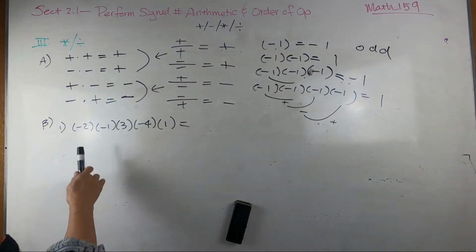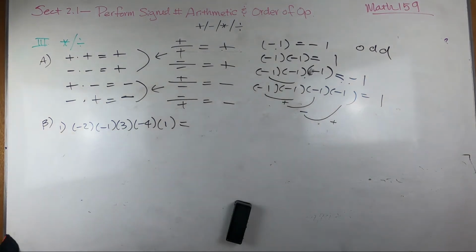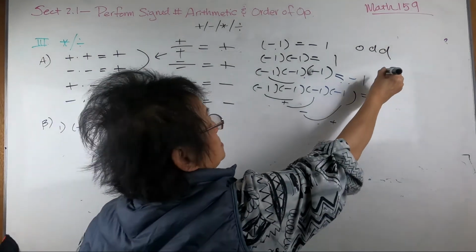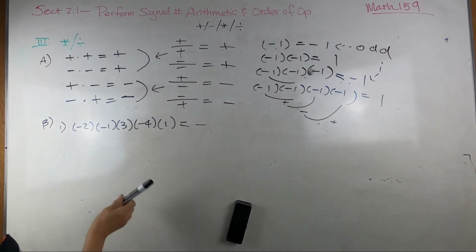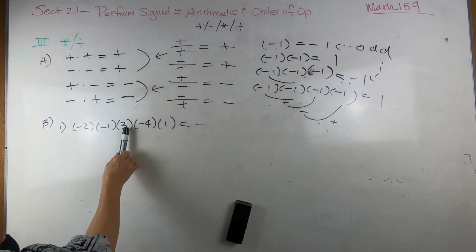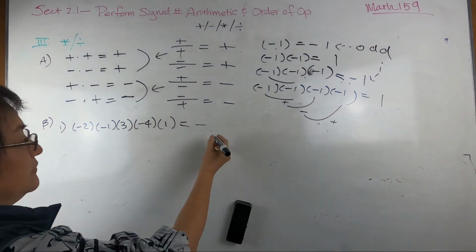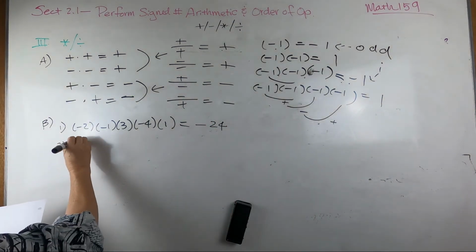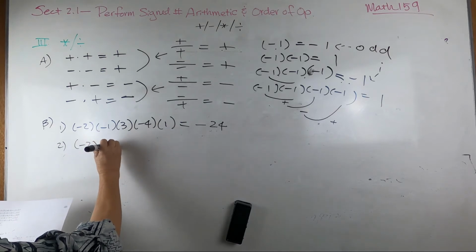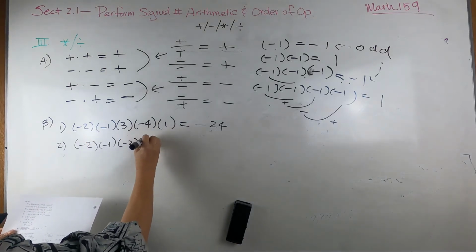It will be easier. Negative, negative, -3. Odd numbers of negative, it's negative. Then you multiply your numbers. 2 times 1 is 2, 2 times 3, 6, 6 times 4, 24. That's how you will handle it. So you would take care of the sign first.